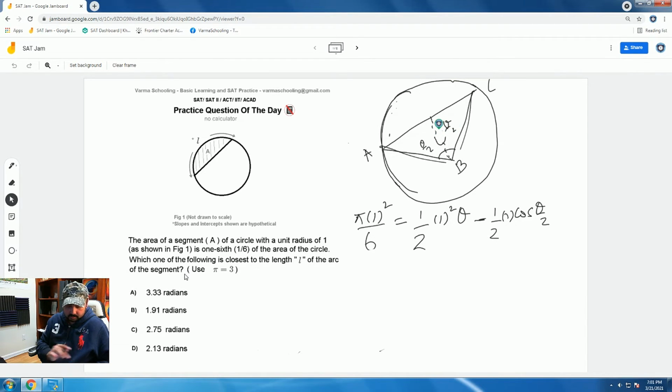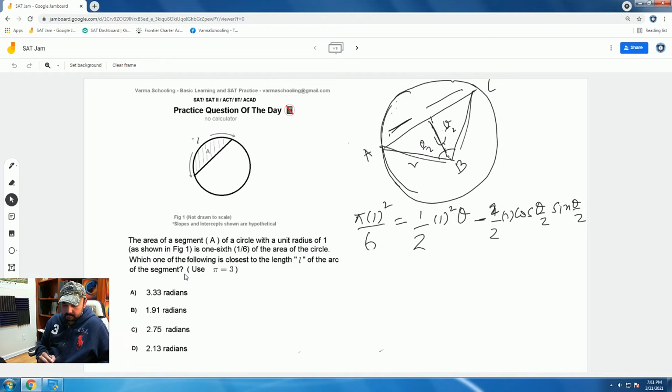If this is r, you have to know your trig that this side will be r sine theta by 2, and this side plus this side is 2 sine theta by 2.